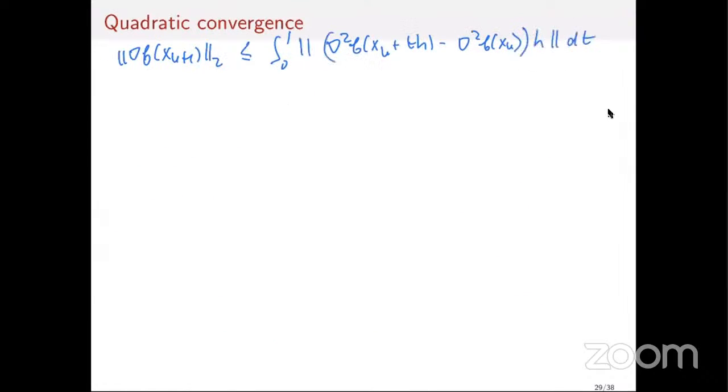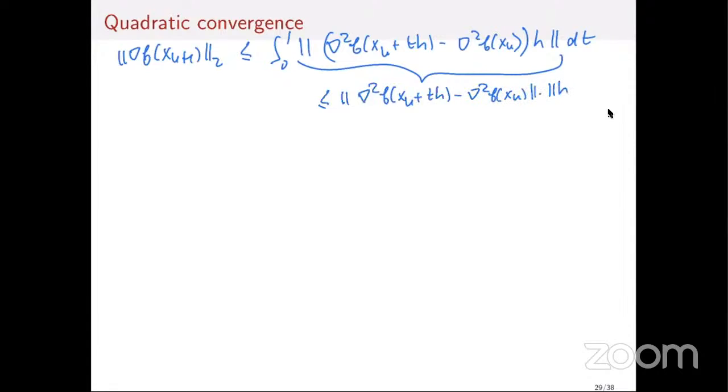Now I'm going to use the fact that the Hessian has a Lipschitz constant of m. So I can bound this by the norm of the Hessian of f at xk plus th minus the Hessian of f at xk times the norm of h. And this is less than m times t norm of h times norm of h, so this is really m times t norm of h squared.